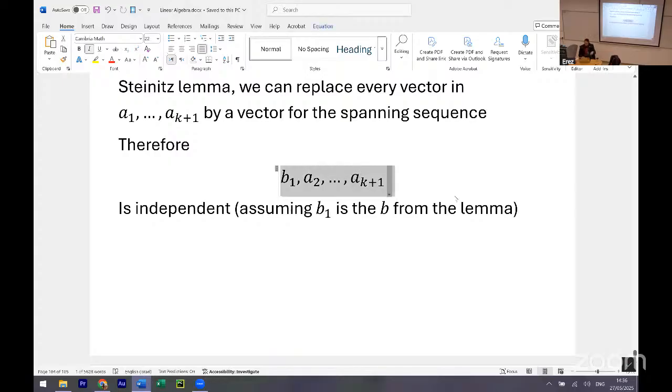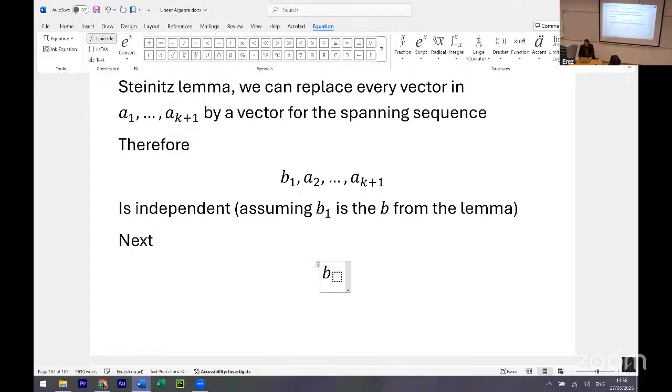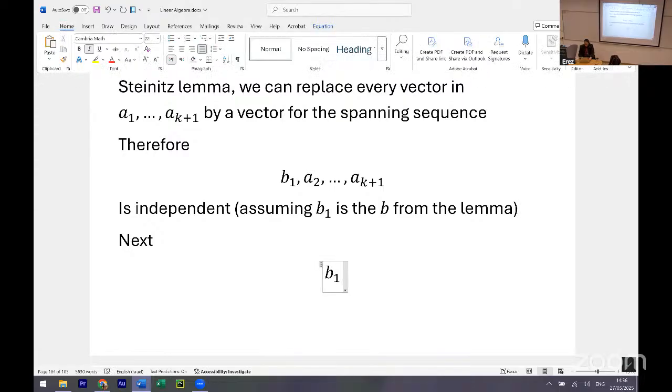Who can I replace next? So, A2. Next, we replace A2, so we have B1, and then comes B2, then A3, until A(k+1). And when will it all end? When we change AK.